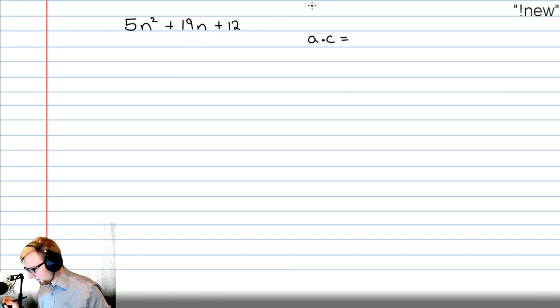Raj, remember that it's ax squared plus bx plus c is the original formula. So what is a times c in our case? 10. 5 times 12 is 10? No, wait. I messed up the equation. I looked at number 6, the one right below it, by accident.